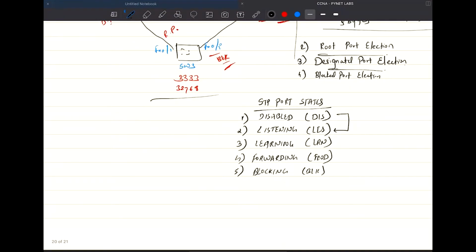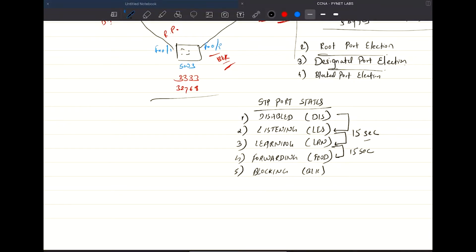Then your switch, after 15 seconds, goes to learning mode. So 15 seconds is required for going from listening to learning. In learning mode, your switch can participate in the BPDU exchange, or root bridge election, and it can also build up the MAC address table, meaning it can learn about MAC addresses. Then it stays there for another 15 seconds, and after that it goes into forwarding mode.